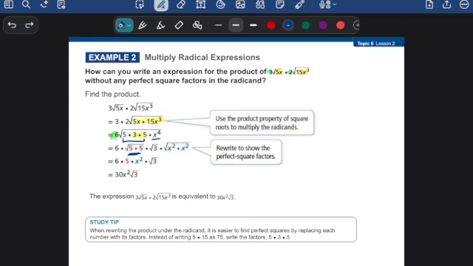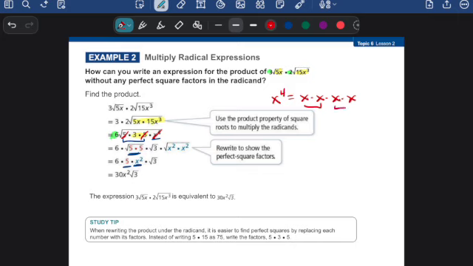The square root of x to the 4th is just x squared. Okay. And then that leaves, so I'm going to show you. I'm going to cross out what we did. We did the square root of 25, and we did the square root of x to the 4th. So again, maybe it helps if you write it out. X to the 4th equals x times x times x times x.